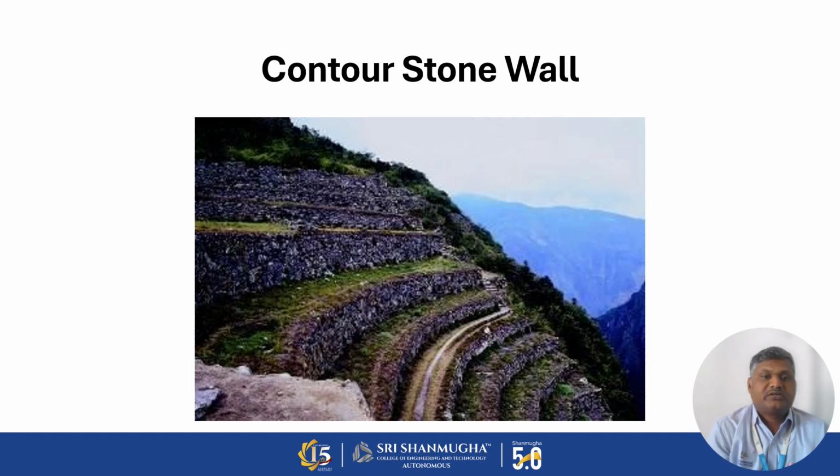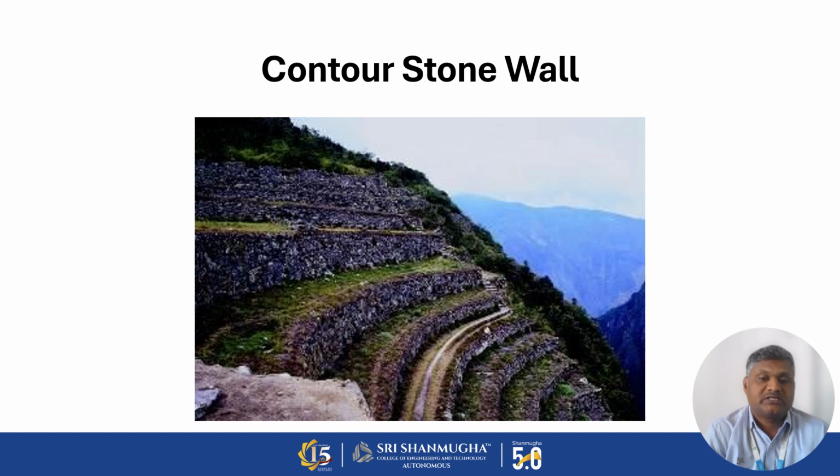The next method is called the contour stone wall. The stones are pitched on the contours of the bench terraces. That means the contour bench terraces will have a vertical and horizontal interval. On the vertical interval, as shown in the picture, the violet color shows the pitching of the stone.